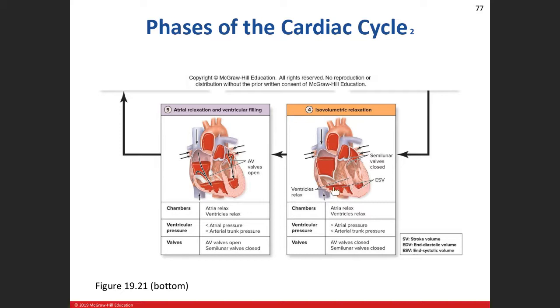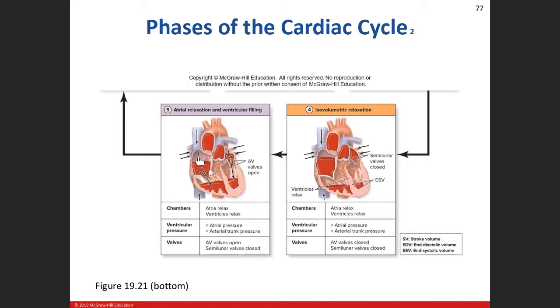We have a little bit of blood left over. We can't squeeze it all out every time. And the volume of blood that remains behind is the end systolic volume. And then finally we go back to this beginning part that I showed you, atrial relaxation and ventricular filling. Eventually all the pressure in the ventricles has fallen so much that the pressure in the ventricle is less than the atrial pressure, and then the AV valves open up.